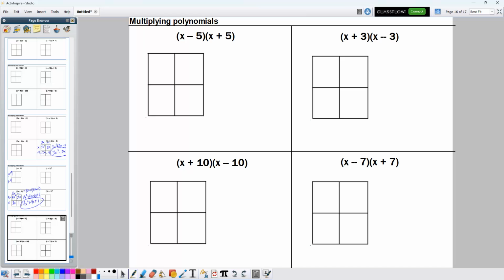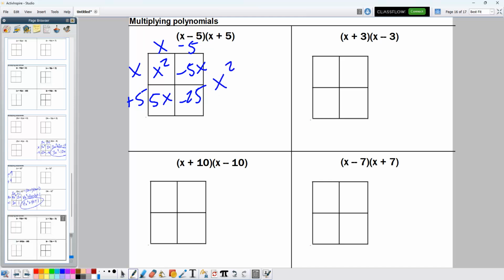Okay? These are unique in that they are the same number, but they have opposite signs. These are conjugates of each other. So x minus 5 times x plus 5, I'll have x minus 5 and x plus 5 right here. X times x is x squared, negative 5x, positive 5x, and then negative 5 times positive 5 is negative 25.